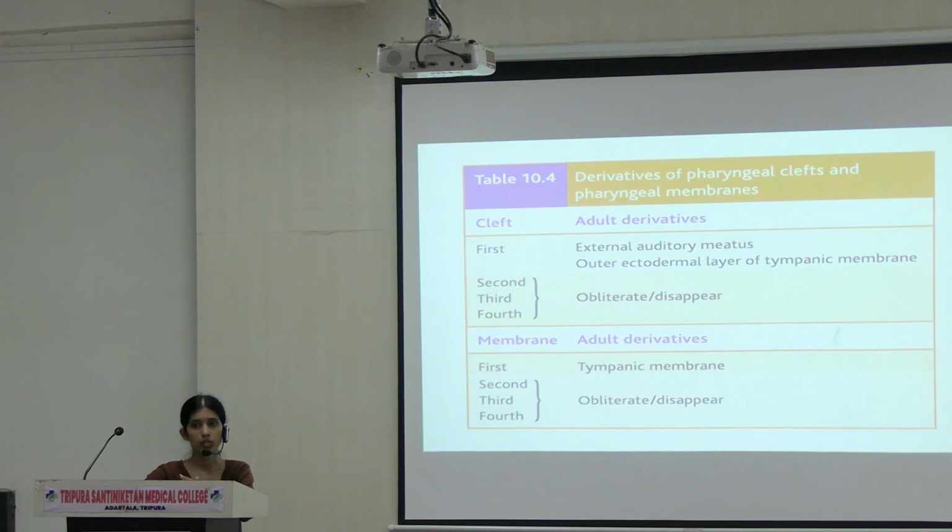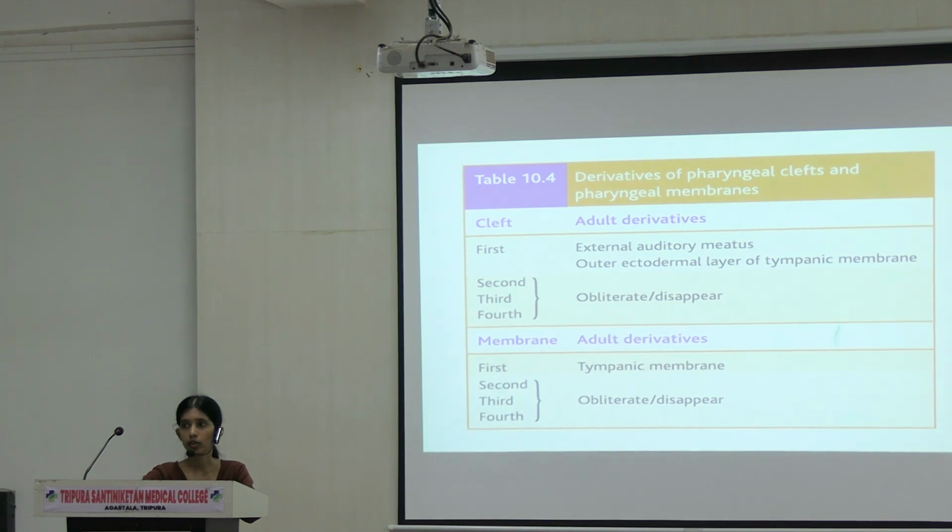Okay. And the next part is ectodermal derivatives. What do you mean by ectodermal derivatives? Derivatives of your pharyngeal cleft or groove. Okay. Which is ectoderm lined in the outer aspect of the pharyngeal apparatus or pharyngeal arch. Okay. So what are all the derivatives of pharyngeal cleft?